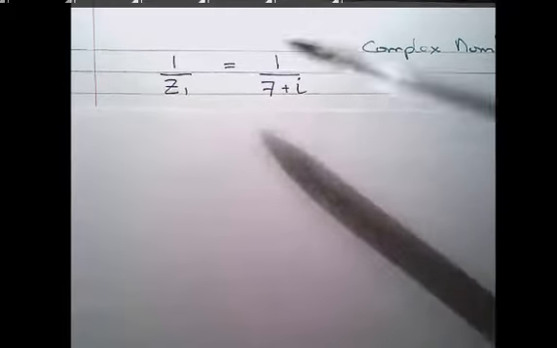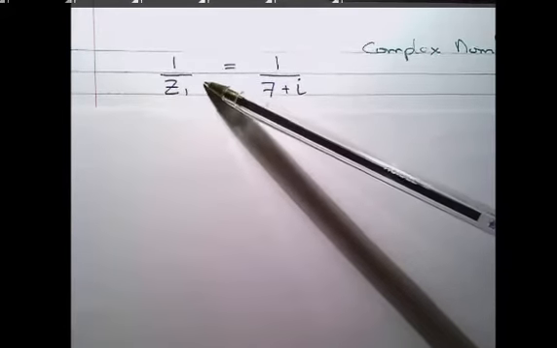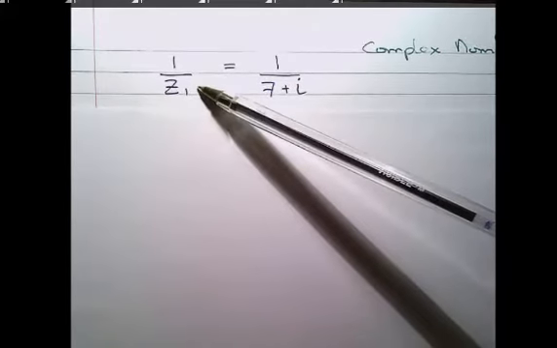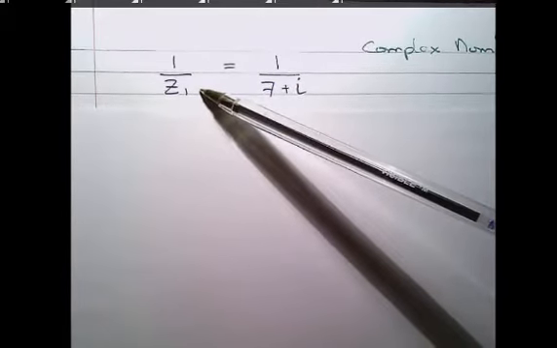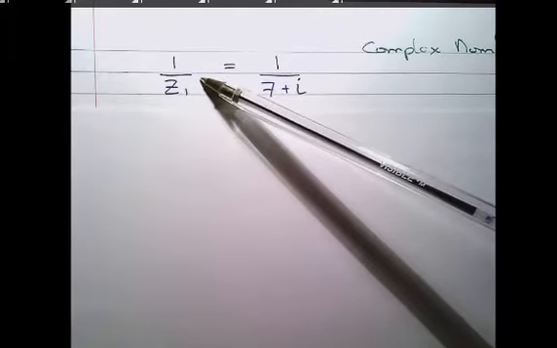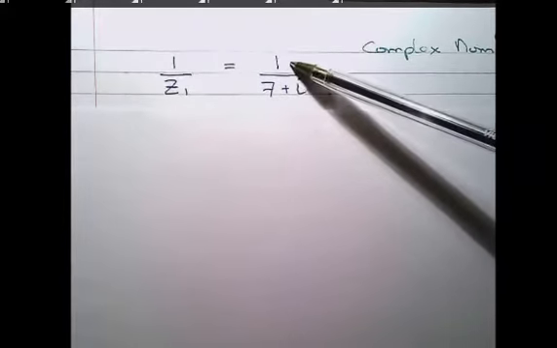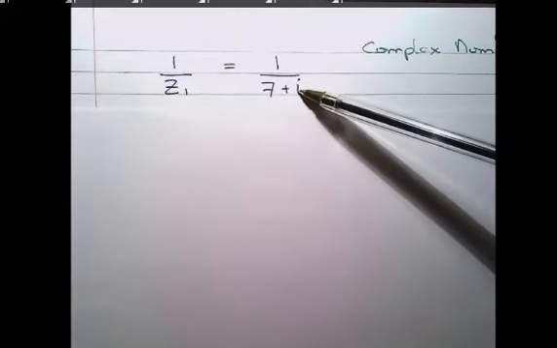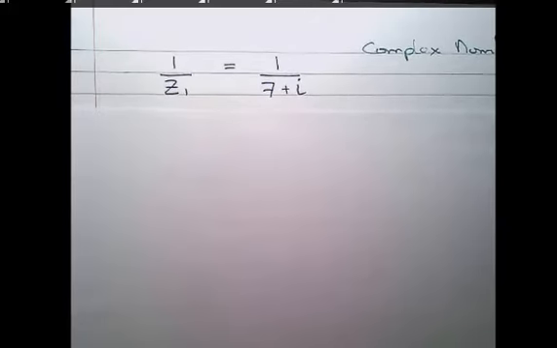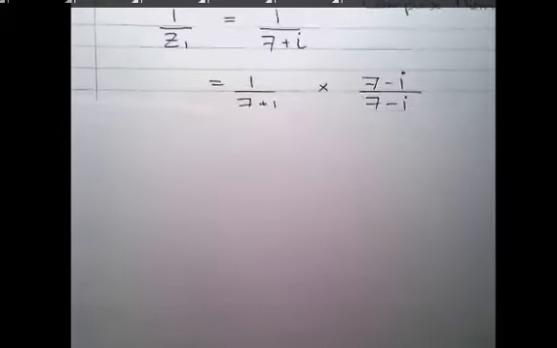So the next part, part B, is 1 over Z1 equals. Express that in terms of a plus ib, where we're trying to express 1 over Z1 in that form. So what we have here is 1 over 7 plus i. Essentially we're carrying out a complex number division here, more or less the same way.